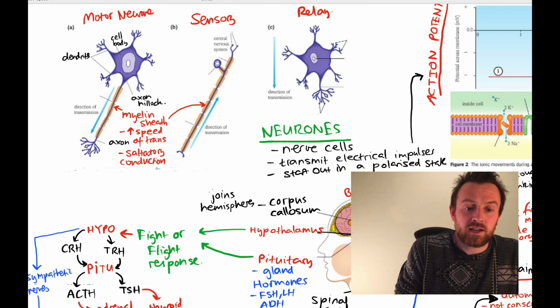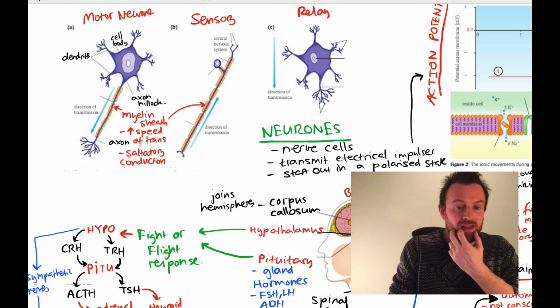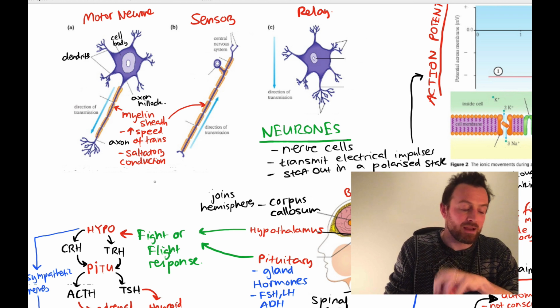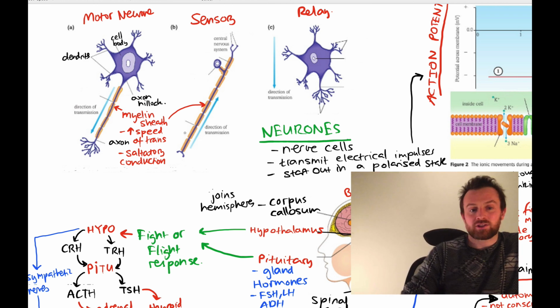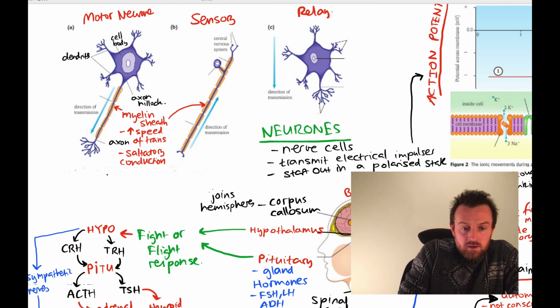So we'll talk about saltatory conduction a little bit more once we've talked about the action potential. But basically, saltatory conduction means that the AP, action potential, jumps. Saltatory actually means jumping from node to node.